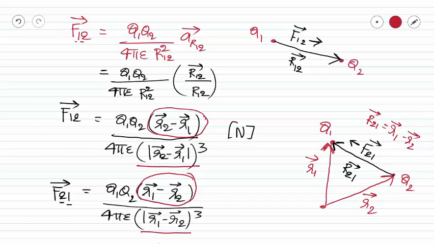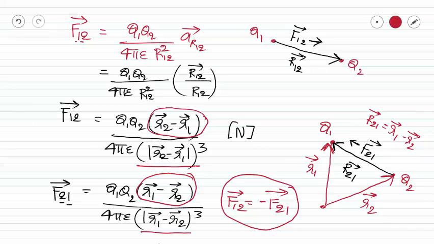So the only difference between F12 bar and F21 bar is the change of direction. That means F12 bar is in a direction exactly opposite to the direction of F21 bar. So we can write F12 bar is equal to minus F21 bar. This is about Coulomb's law.